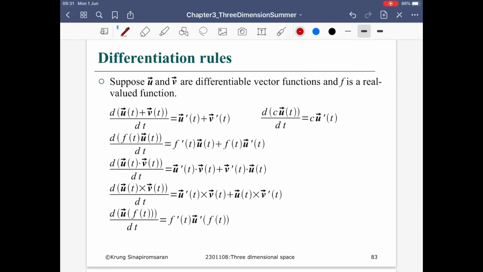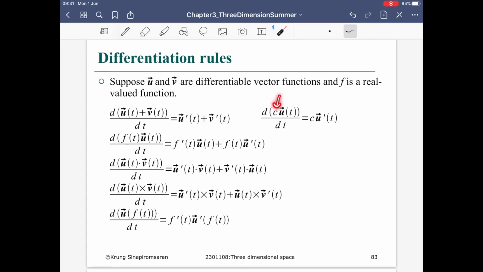And of course, there will be a lot of different differentiation rules, and usually all the rules are the same old thing as your function of real value. For example, if you got two vectors added together like this, you can just separate them and find the derivative of each one of them, and then you add them up.